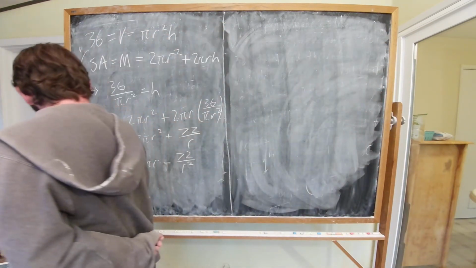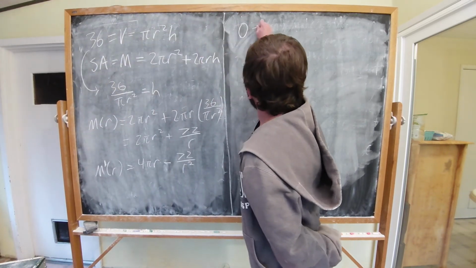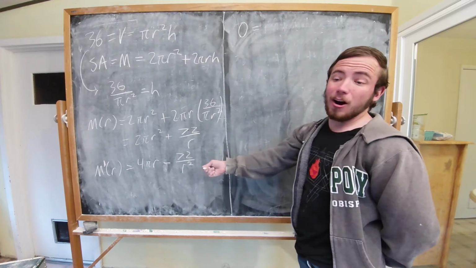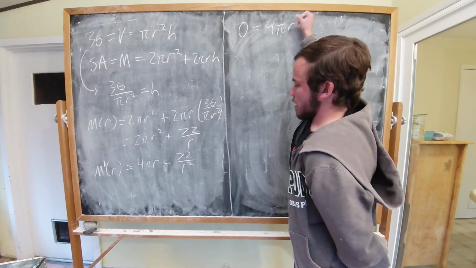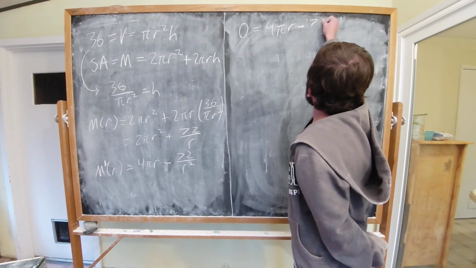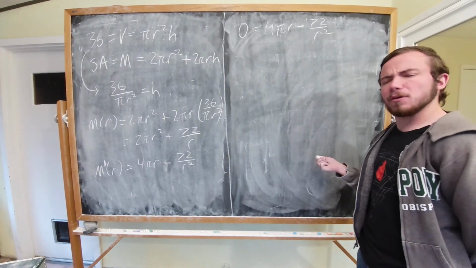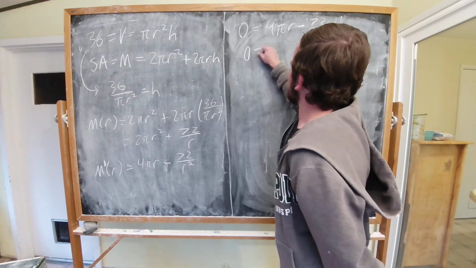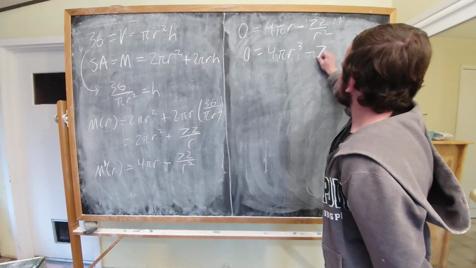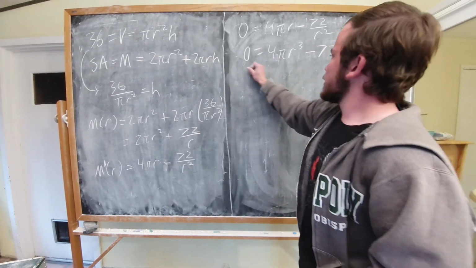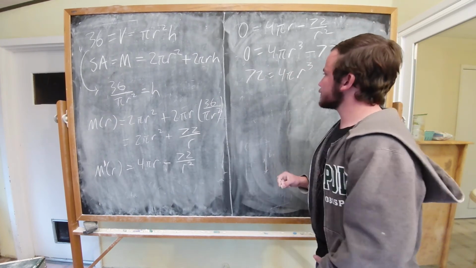Make sure that prime is visible. We set it equal to 0, since we know that r has to be a number strictly greater than 0. So 0 equals 4 pi r minus 72 over r squared. Let's multiply everything through by r. We get 0 is equal to 4 pi r cubed minus 72. 72 equals 4 pi r cubed.